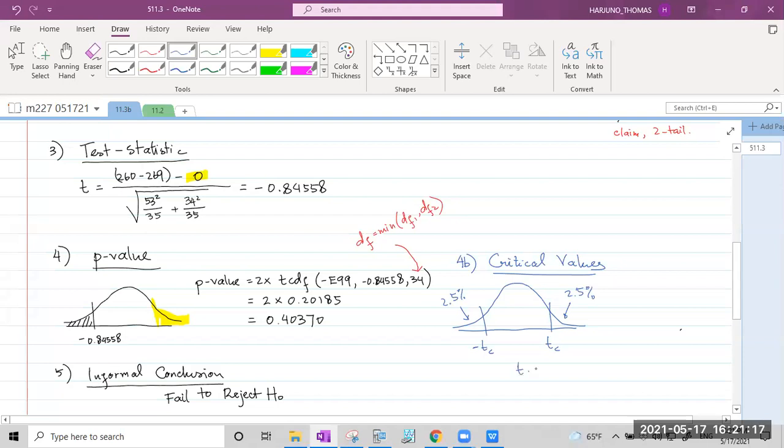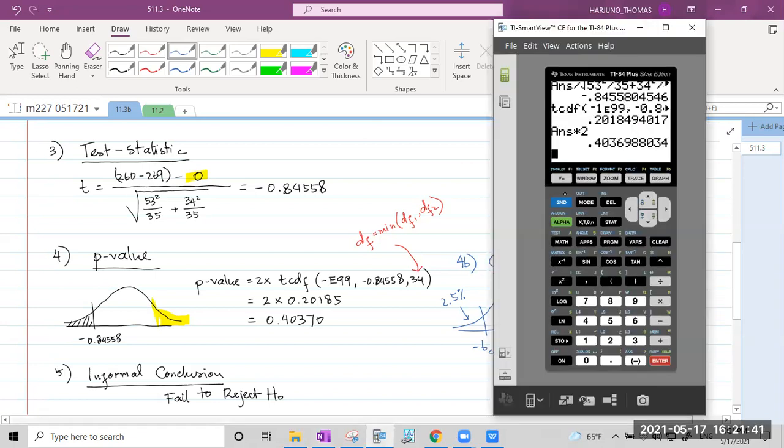So T critical will be plus minus inverse T. The area to the left is 97.5%, degree of freedom 34. Don't forget the plus minus. That's inverse T, area to the left 0.975, degree of freedom 34.